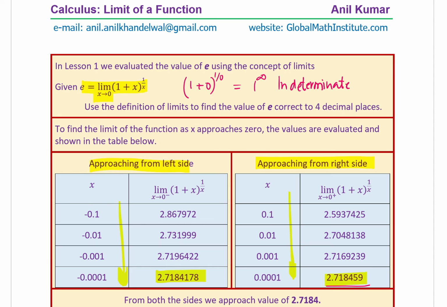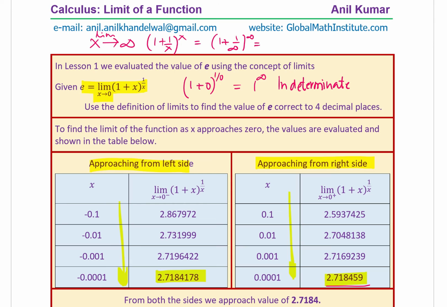Now the same question we could have in the form of x approaching infinity. Let me write here the limit, and the expression could be 1 plus 1 over x, to the power of x, correct? In that case, we get 1 plus 1 over an infinitely large value, to the power of infinity.